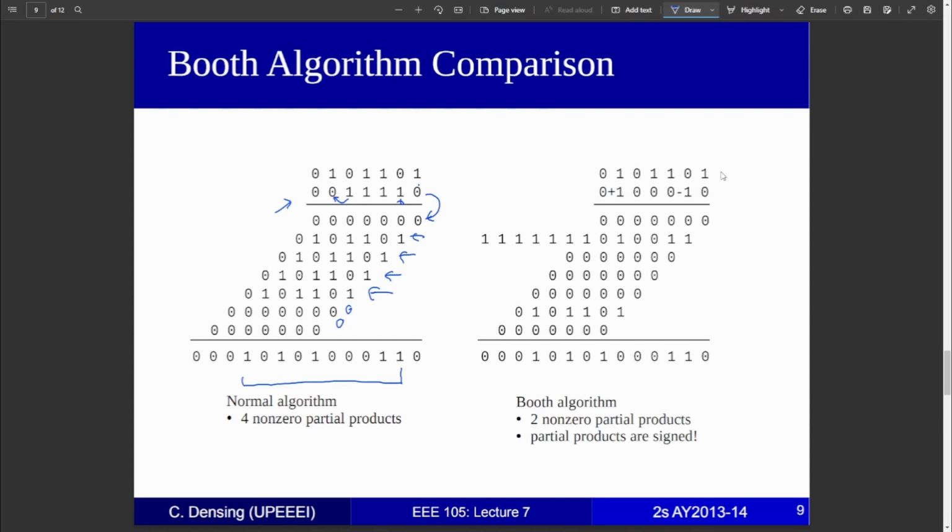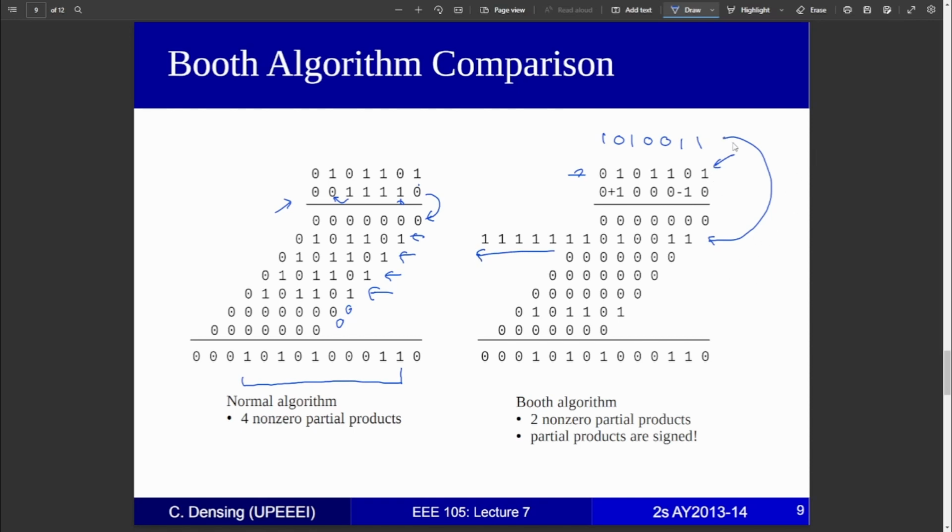You have here this first number negated, would be 1 0 1 0 0 1 1, and then you just use that as the partial product, because that's the negative of the multiplicand. We used it as a partial product, and then we just extended the sign bit to whatever m plus n bit representation that we needed for the end of the operation.